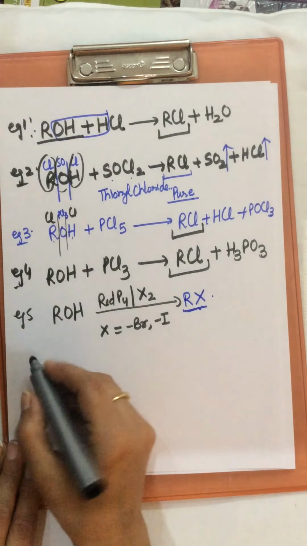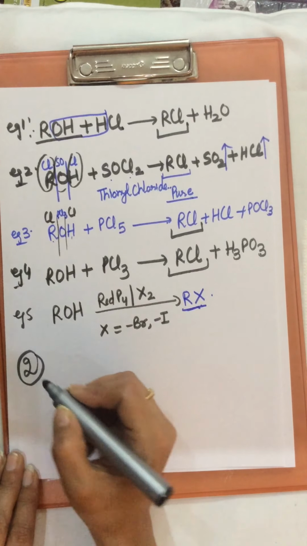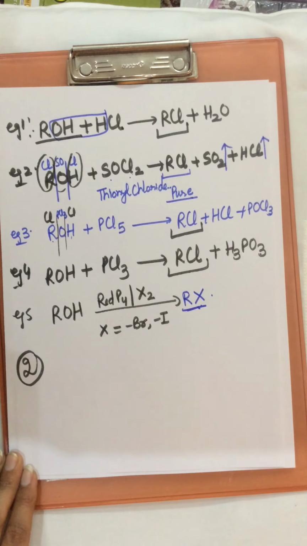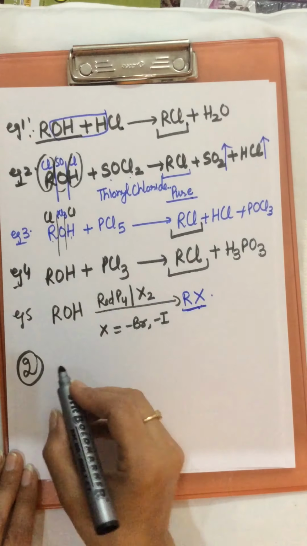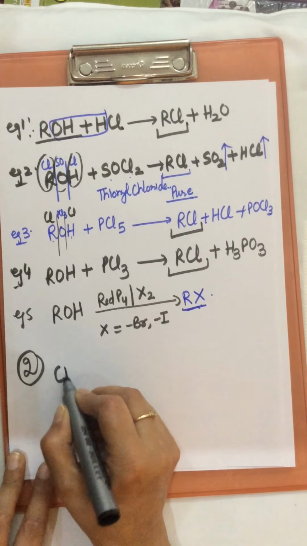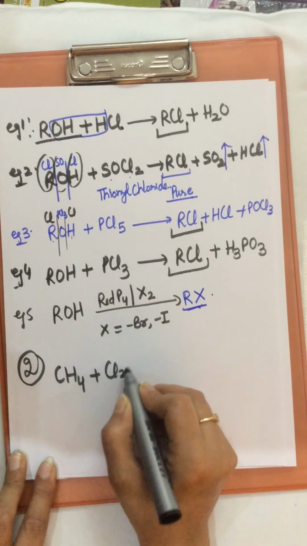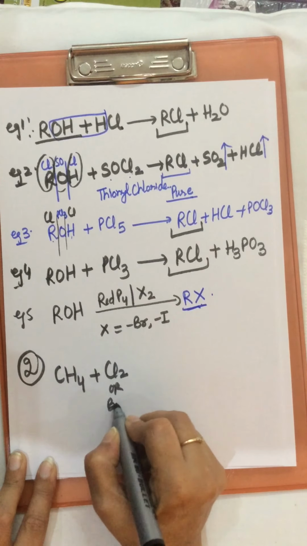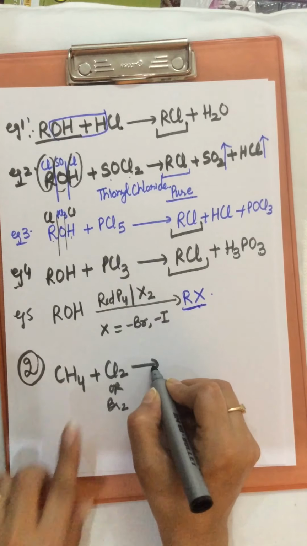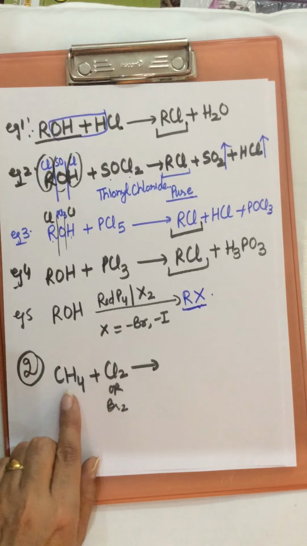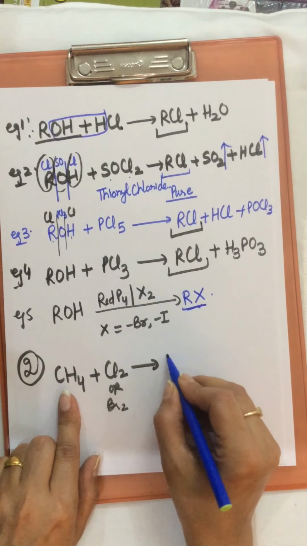Second method of preparation of haloalkanes and haloarenes is if we react alkanes. This we have done in 10th class also. Alkanes with the chlorine or with bromine. Then the halogen will replace the hydrogen of alkane.